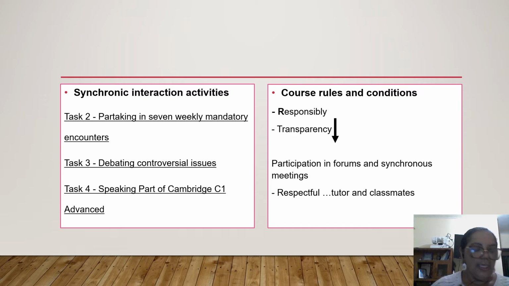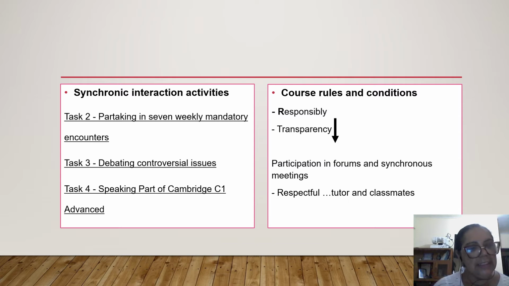For example, reflecting upon English language awareness, partaking in 7 weekly mandatory encounters, debating controversial issues, speaking part of Cambridge C1 Advanced, standardized test listening quizzes, delivering a speech through a web conference system.